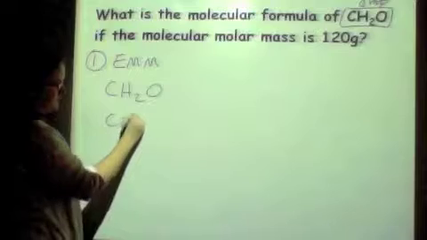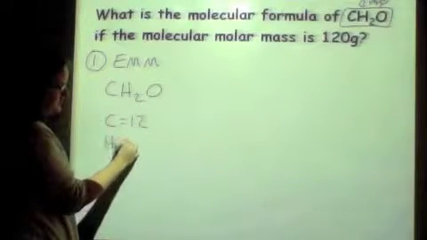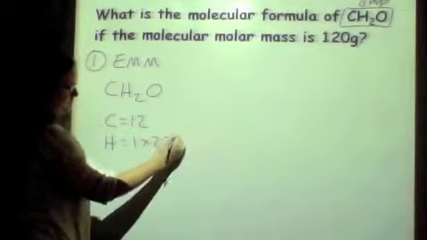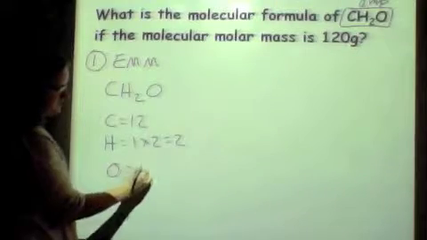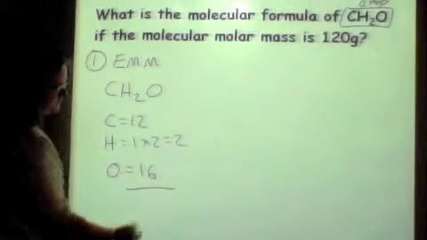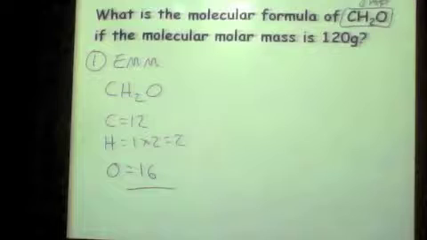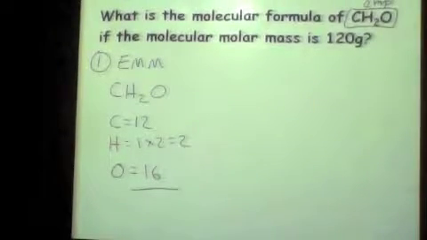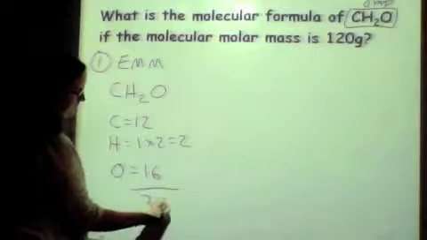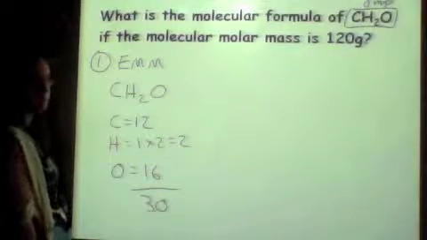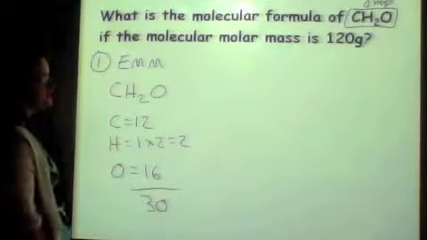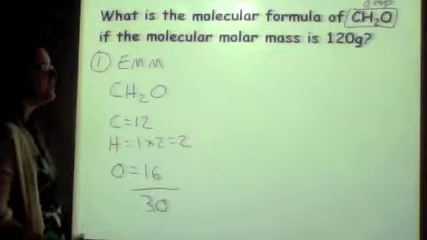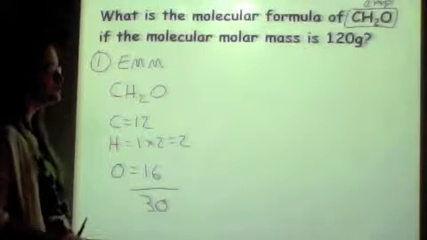Carbon is 12. Hydrogen is 1 times 2. Oxygen is 16. And you add that up. So we get 12 plus 2 plus 16, which equals 30.